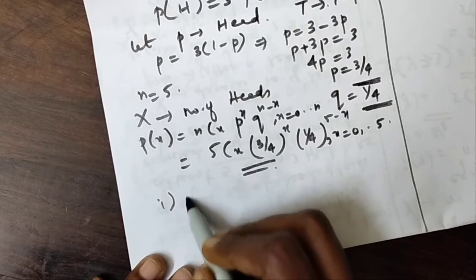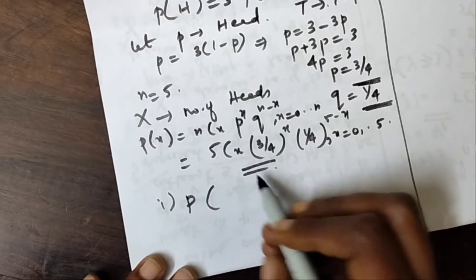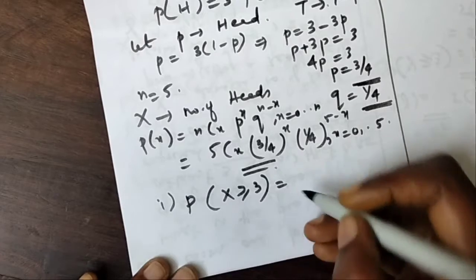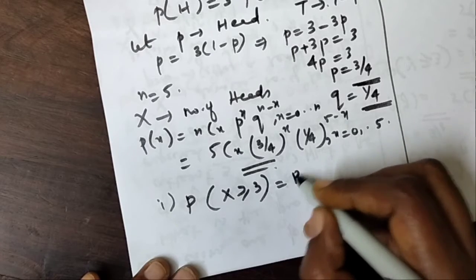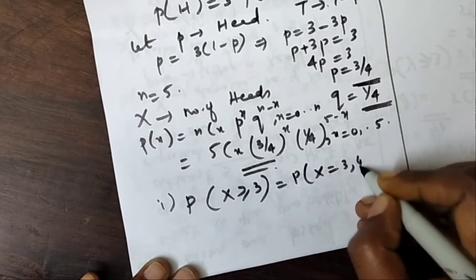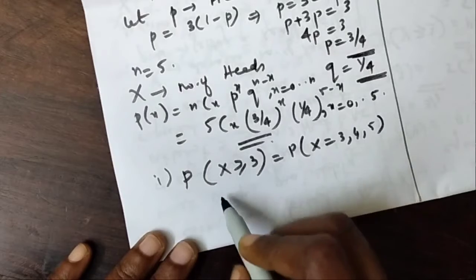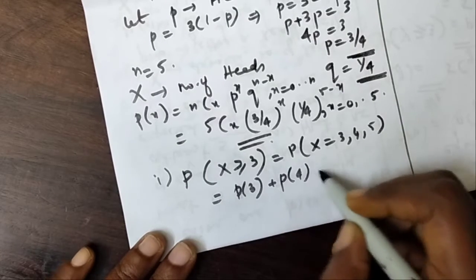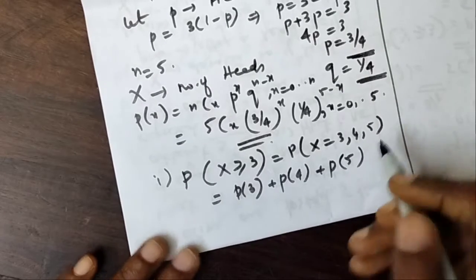So the first question is to find the probability of getting at least 3 heads. So X is greater than or equal to 3. So it is P of x equal to 3, 4 and 5. So what is it? P of 3 plus P of 4 plus P of 5.